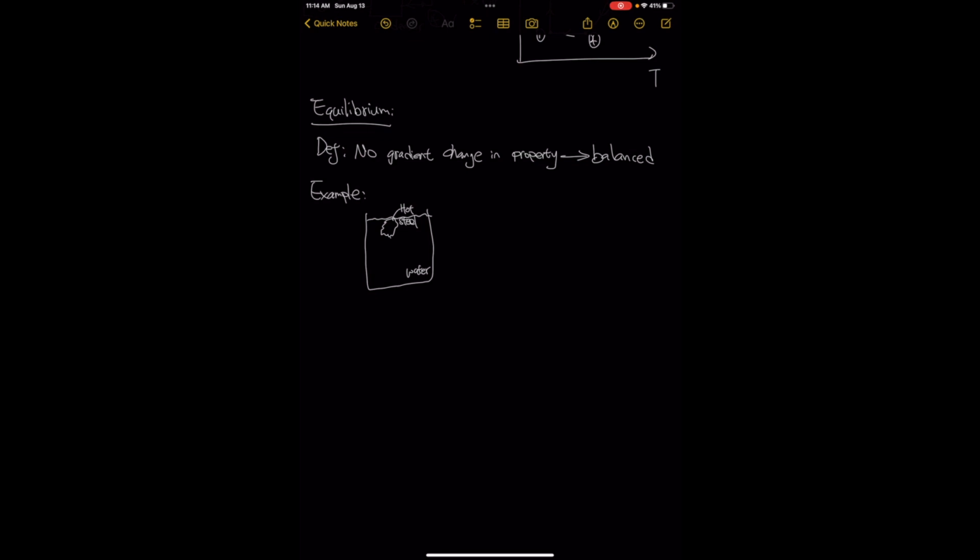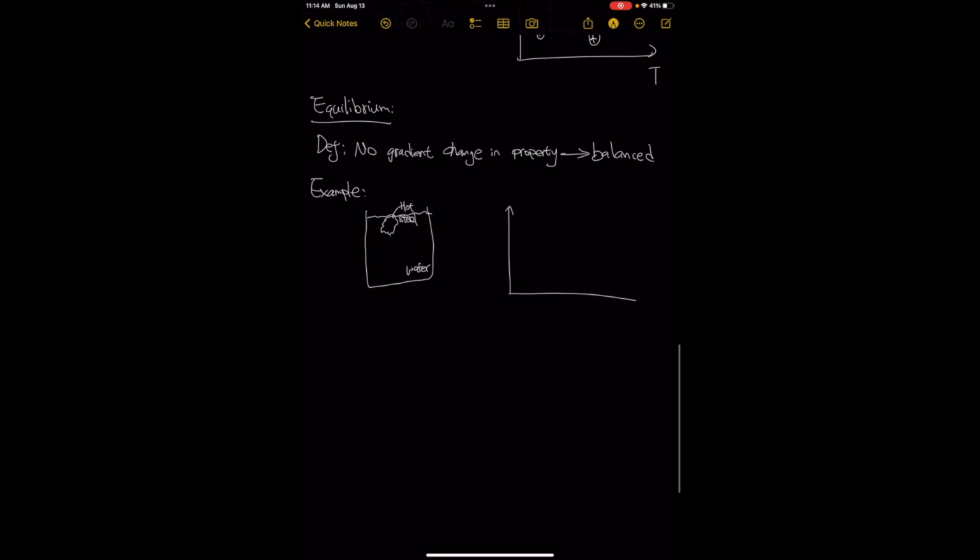How do you draw this in the thermodynamic space? Let's say the y-axis represents temperature, and the x-axis represents time. There's an initial temperature for water, let's say water is higher than the steel, right? You have a steel temperature and a water temperature here. Somewhere in the middle represents your equilibrium state, right?